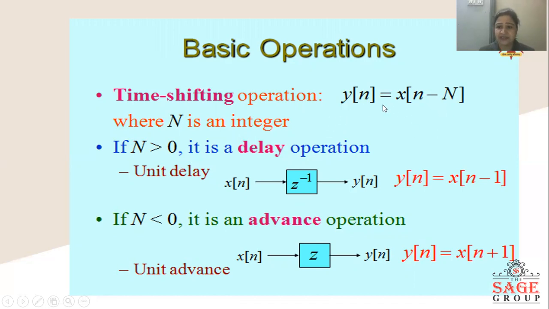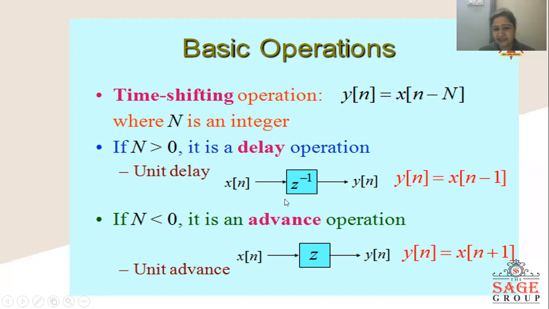In that case, if I take n equal to 0, y 0 will be equal to x of minus 1. That means whatever the value x has at n equal to -1, y has the same value at n equal to 0. That means y is delayed by 1 instant with respect to x. So it is called a delay operation.